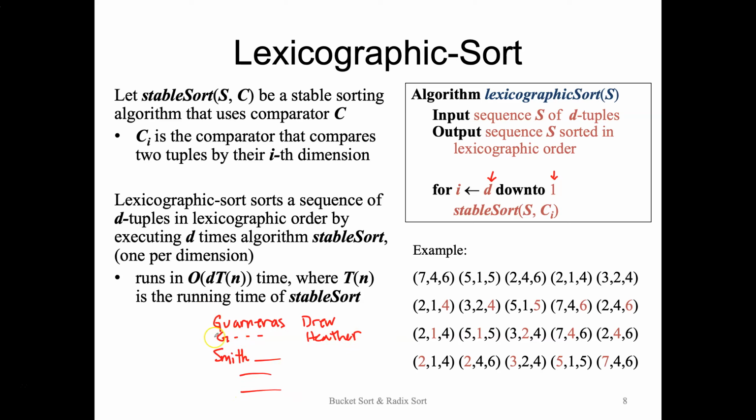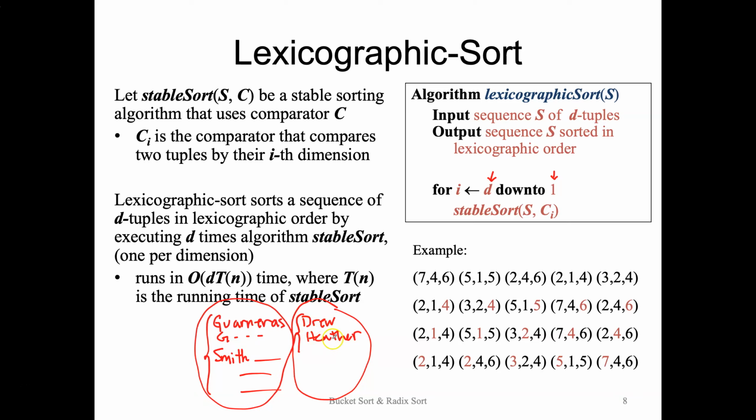If we wanted people first ordered by their last name, and then for people that had the same last name, ordered by first name, to accomplish that lexicographic order, we can use this very simple approach of repeatedly calling stable sort: first calling stable sort on first names, and then lastly calling a stable sort on last names.